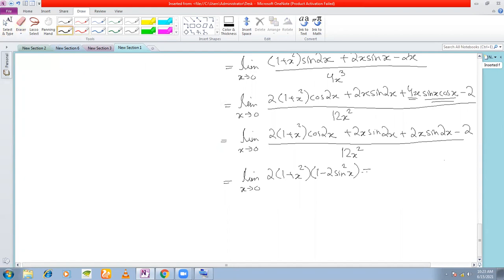These two combine to give you 4x sine 2x, right?